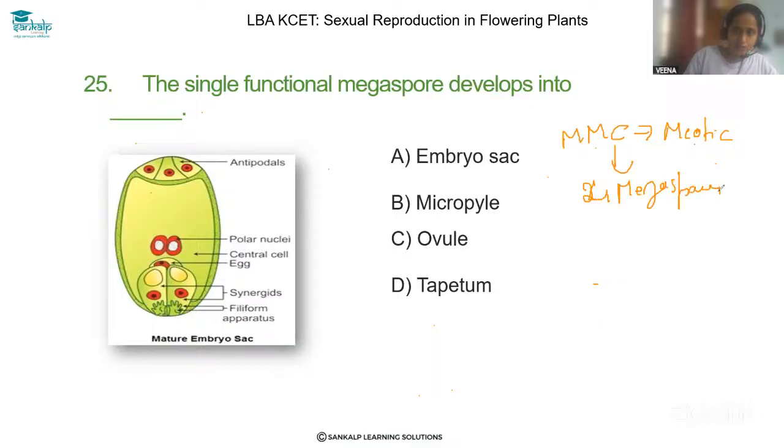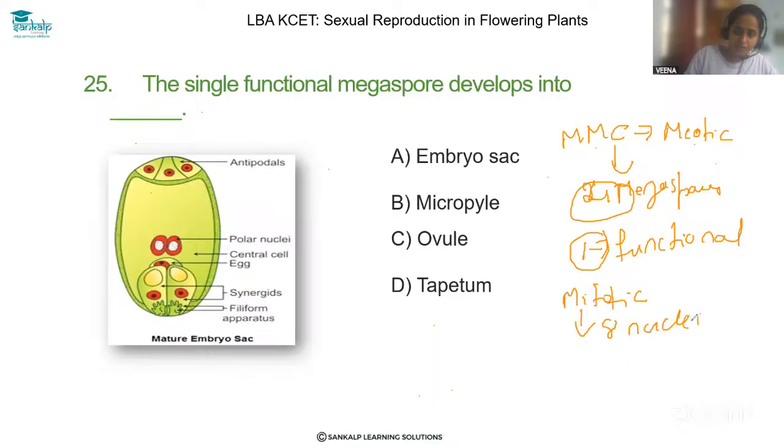So usually what happens? Out of 4, 3 degenerate, only 1 will be functional. And this one functional megaspore undergoes continuous mitotic division to form 8 nuclei.